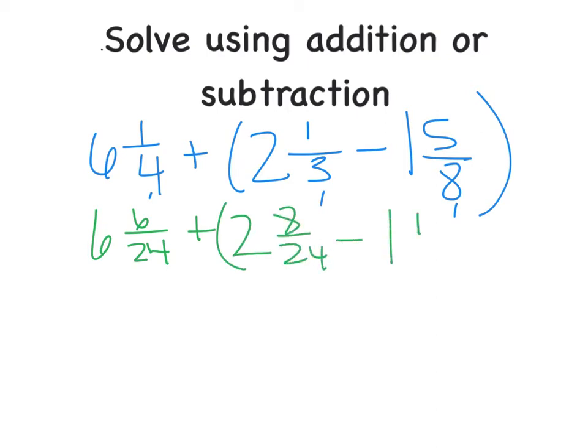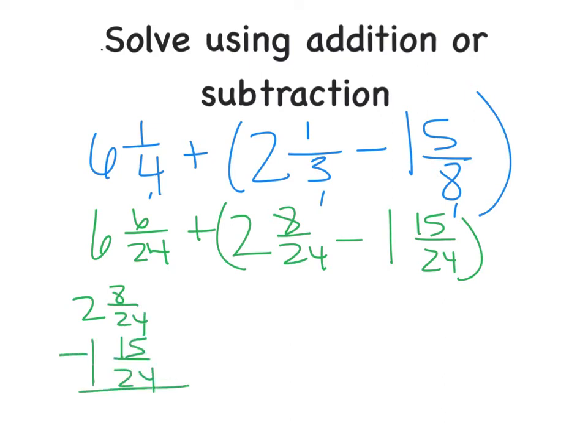And 1 and 15/24. So now I'll start with the parentheses. I need to do 2 and 8/24 minus 1 and 15/24. But since I can't subtract 8 minus 15, I need to borrow 1 whole, or 24/24, from the 2. 8/24 plus 24/24 is 32/24.